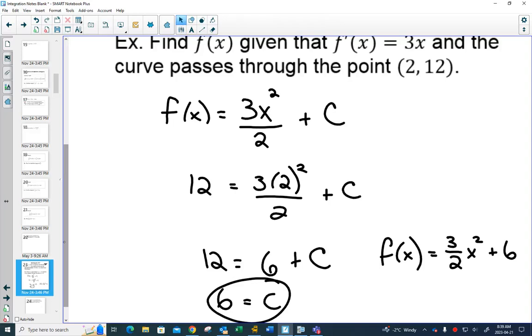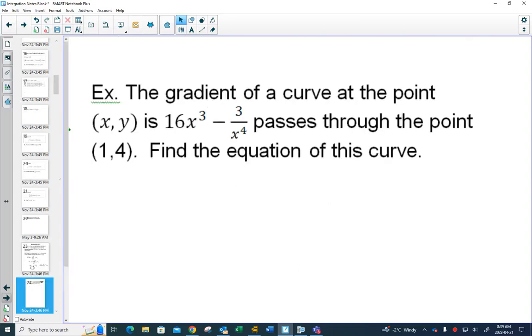So usually the extra piece of information is they tell you something about the original curve, like a point is on it. What we just have to be prepared for is having the same question asked in slightly different ways.